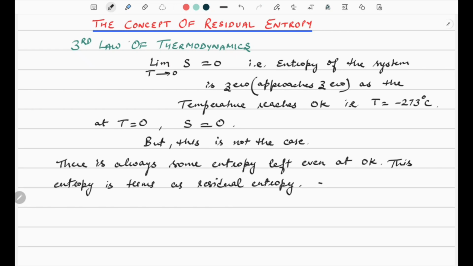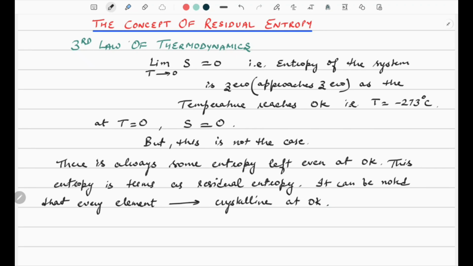It can be noted that every element exists in crystal form at 0 Kelvin, because there is no gas or no liquid as temperature is very low.